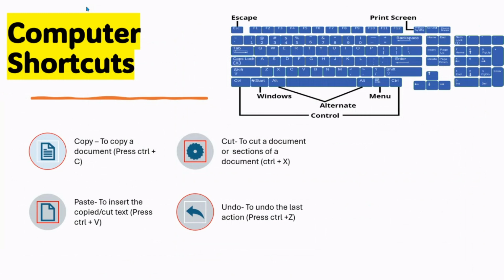So I hope you guys would have been able to identify the two control keys on the keyboard. And the control key is labeled CTRL. And that stands for control. So those are the two control keys.